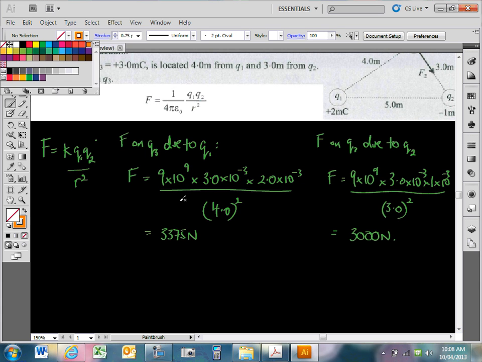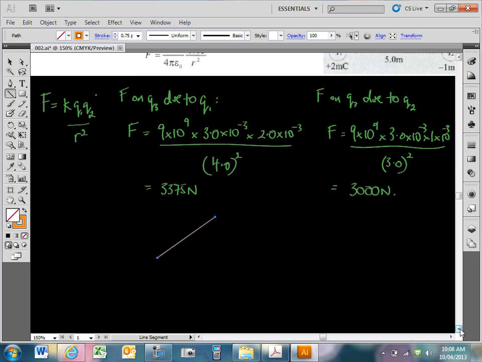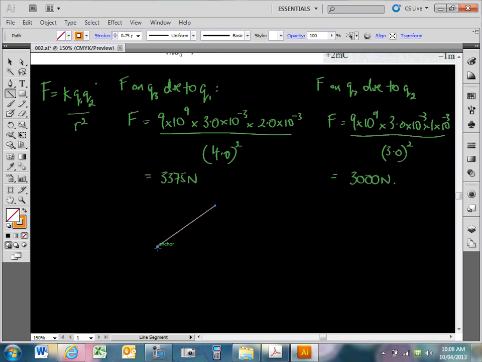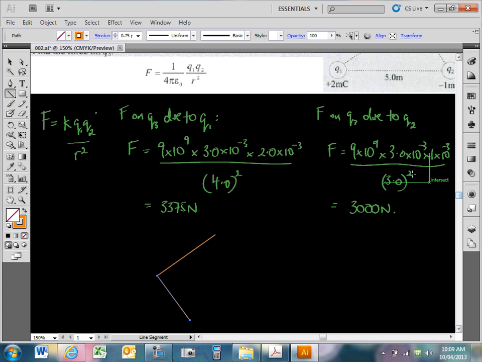So I'll draw my vector diagram. You're often asked to draw a vector diagram. I'll draw straight lines. Now, like most of the problems that you will see, it is a right-angled triangle.